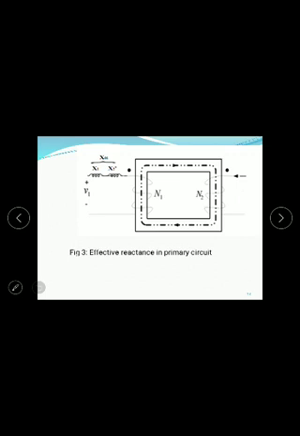So here the reactance is referred from secondary to primary. This X2 is converted into X2 dash. X1 and X2 dash are in series, which is nothing but X01. So X01 is the effective reactance in the primary circuit.